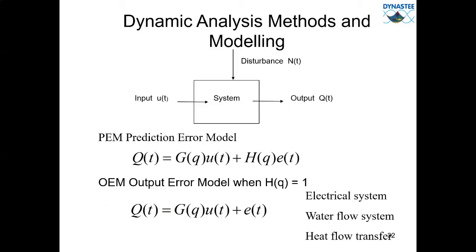What you see here is a very general representation of it, where the prediction error model is the basic. The output error method or model is a special case of the prediction error method or model. The prediction error method minimizes for each step the error, whereas the output error method, as the abbreviation already mentions, minimizes the output after calculation of the whole set of data.